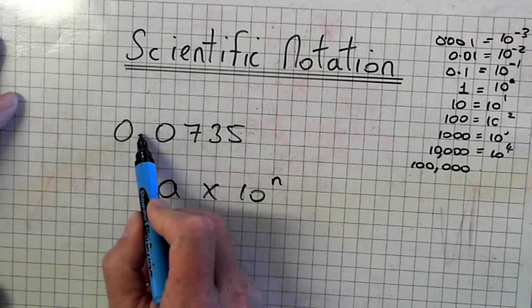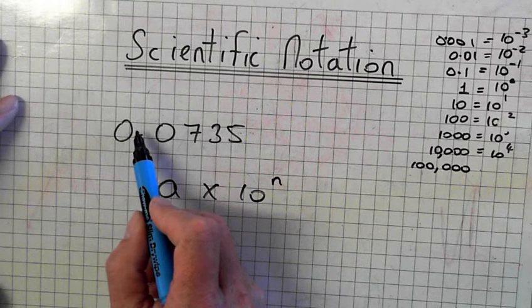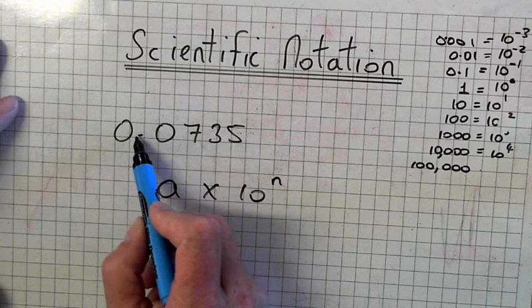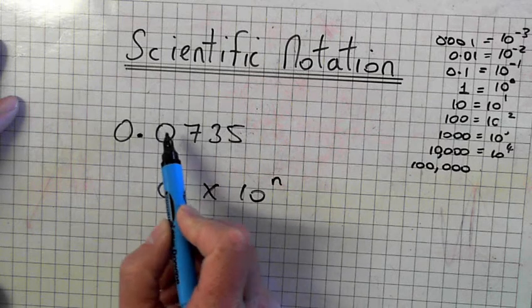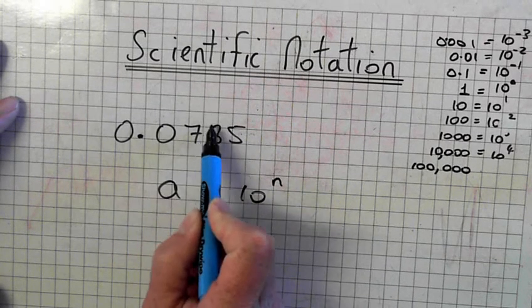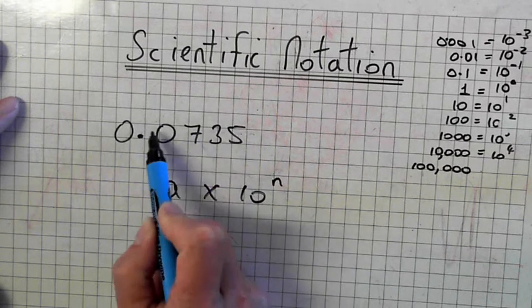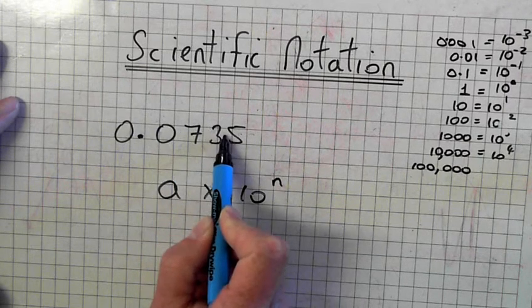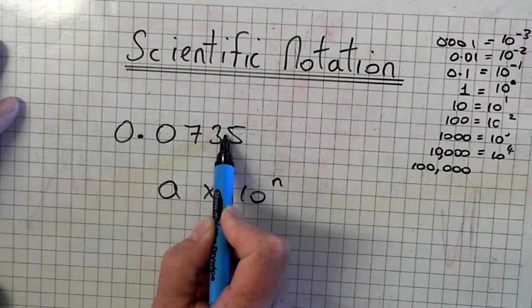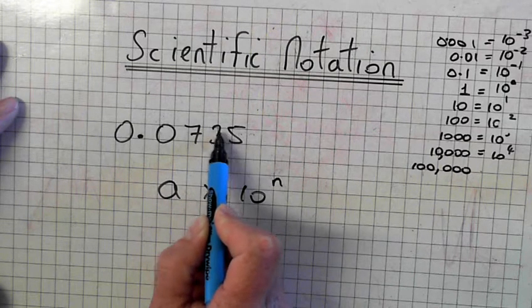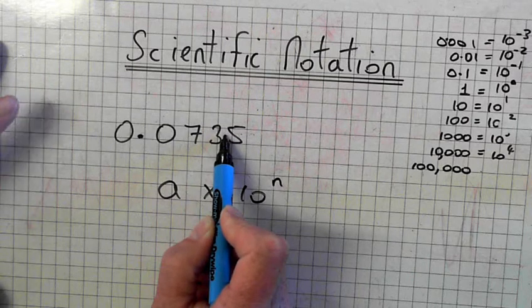Now, how many spaces do we have to move the decimal point until it gets the number? 3. Hold on, watch. 1, 2, 3. If you look up. 1, 2, 3. That's 73.5. Is that between 1 and 10? No. Did I go too far? If you go 3 spaces, you land here. 73.5.